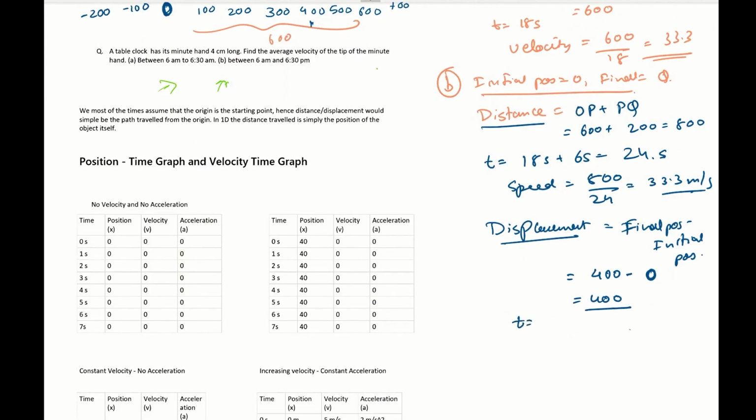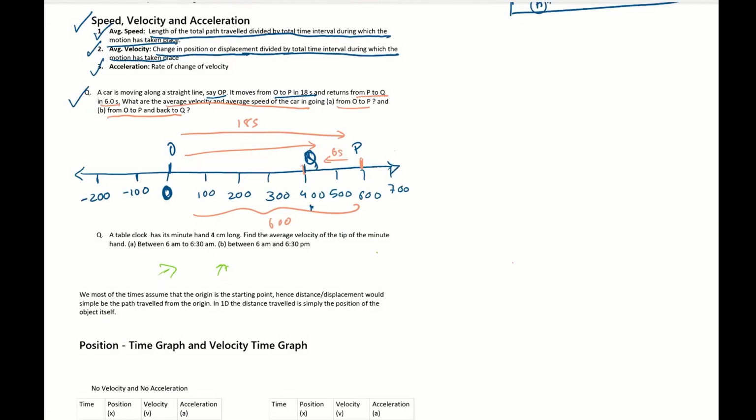The time taken would be the same, which is 18 seconds plus 6 seconds, equivalent to 24. Therefore, velocity is equal to 400 divided by 24, which is equal to 16.6 meters per second. All right. So I hope that example makes a bit more clear what we mean by distance and displacement.